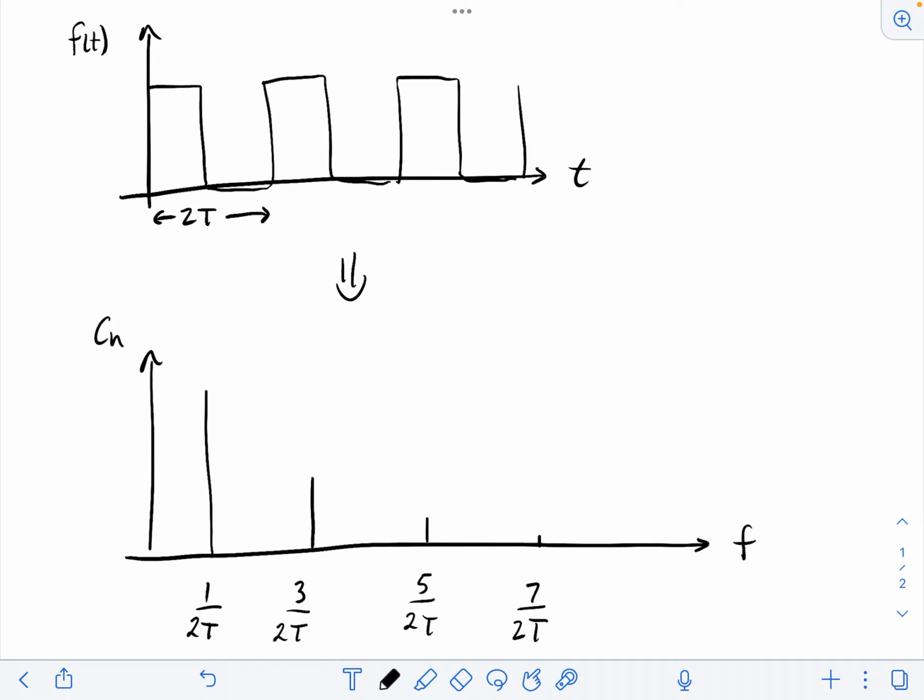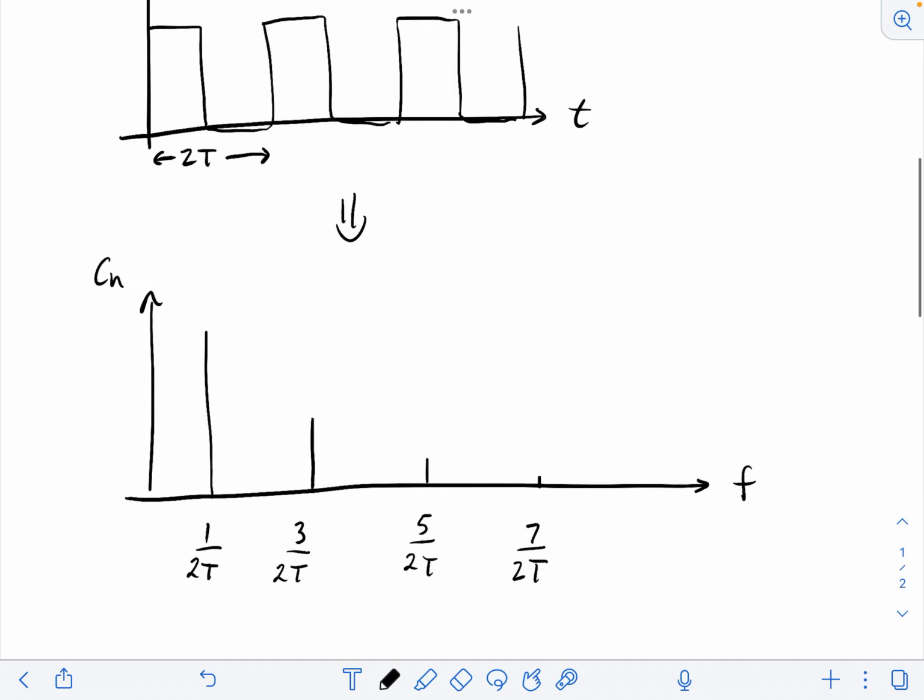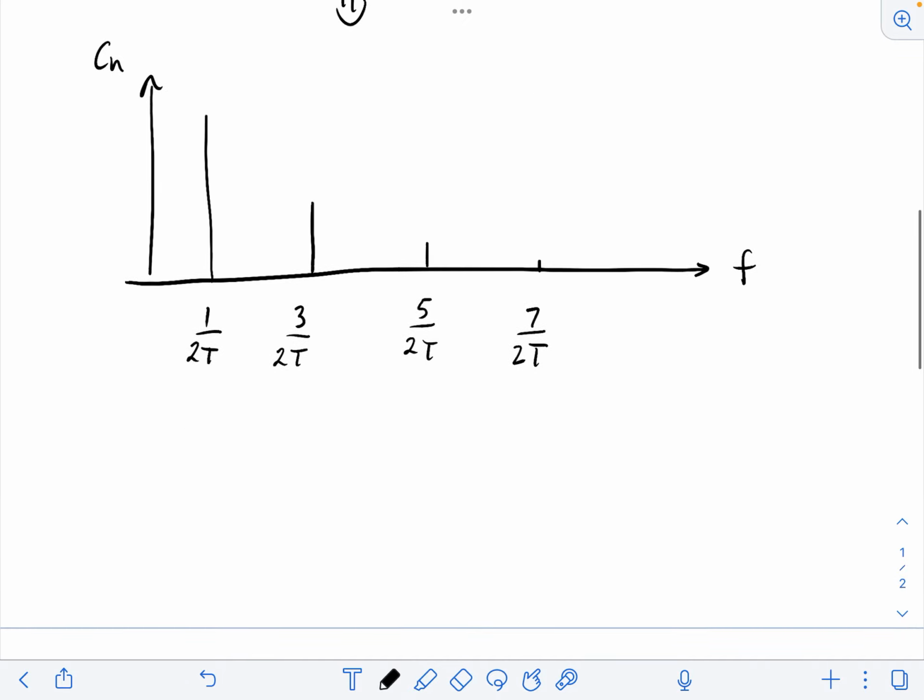And what we found is that in this specific example, the amplitudes of these coefficients decreased as we went to higher and higher frequency, to the higher and higher harmonics. I haven't drawn it, but we would also have the negative n value. So we'd have a c minus 1, which would be at a frequency of minus 1 over 2t, and so on.